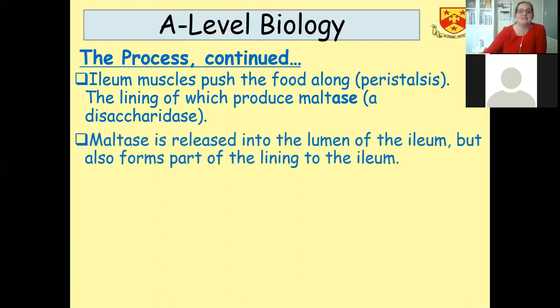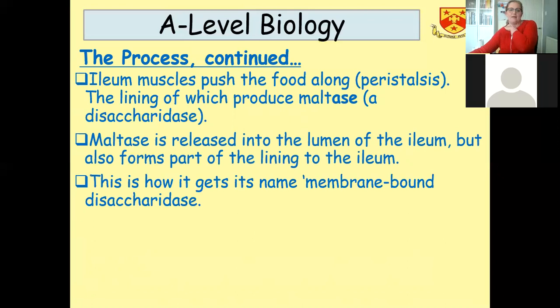Maltase is released into the lumen of the ileum. Reminder that lumen is the empty hollow cavity of the small intestine, the ileum, but it also forms part of the lining of the ileum as well. So we have maltase on the lining of the ileum and in the lumen of the ileum as well.